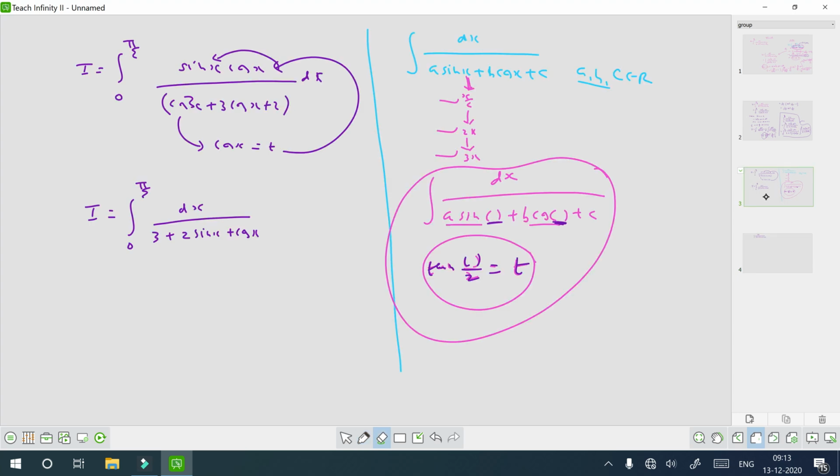See, before solving this example, I would like to solve an indefinite integral. Integral dx over, consider 3 plus 2 sin x plus cos x. Yes, this one is just the previous sum. Yes or no? The limit is given 0 to pi by 2.